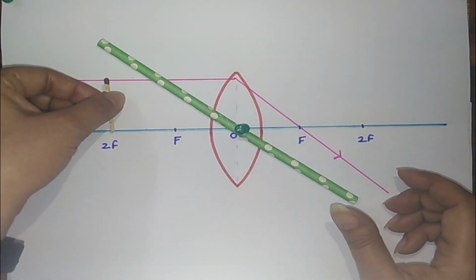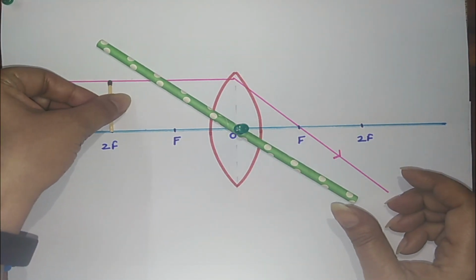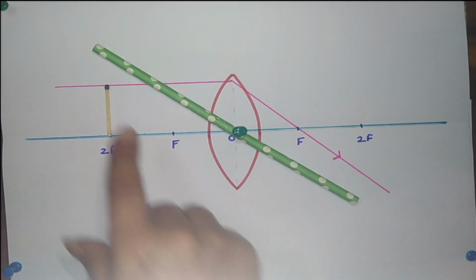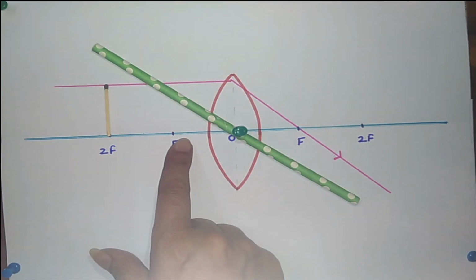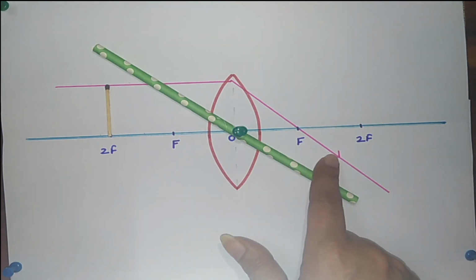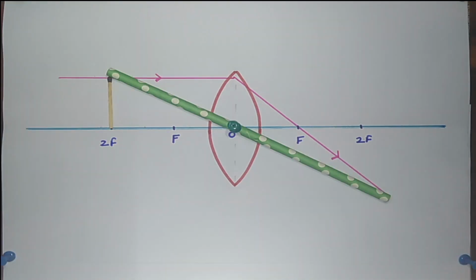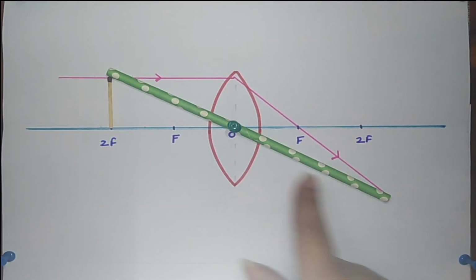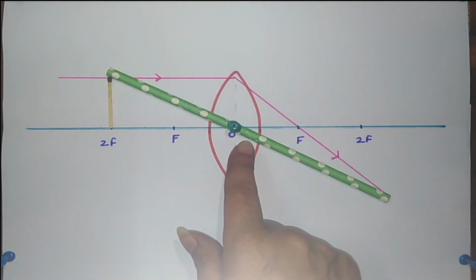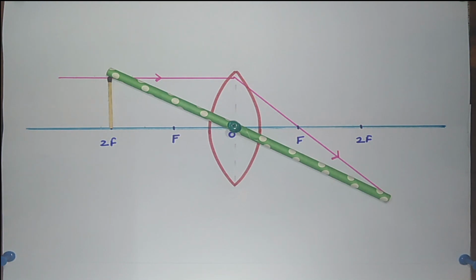Now let us discuss case 2, when the object is at 2F. I am placing the matchstick at point 2F. We have already drawn the first ray, a ray of light parallel to the principal axis passing through the focus. Talking about the second one, we have to show that this particular ray of light is passing through the optical center and goes undeviated.